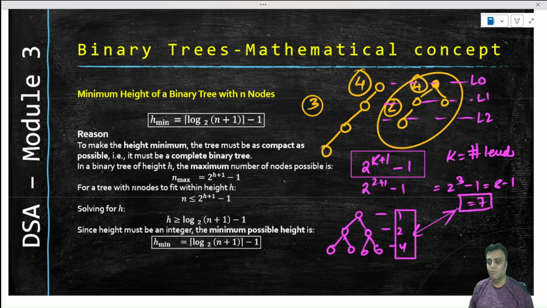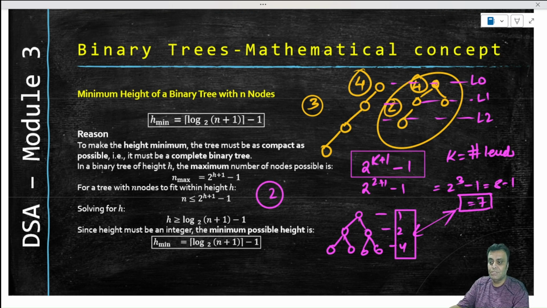Now what are we trying to establish here? We are trying to say that if the total number of nodes is 2 to the power k plus 1 minus 1, where k is the total number of levels, then that k is also the height of the tree. K can also be interpreted as the height of the tree. How? I'm not saying level is the height of the tree. I'm saying the value of that level, that is 2, is also the height of the tree.